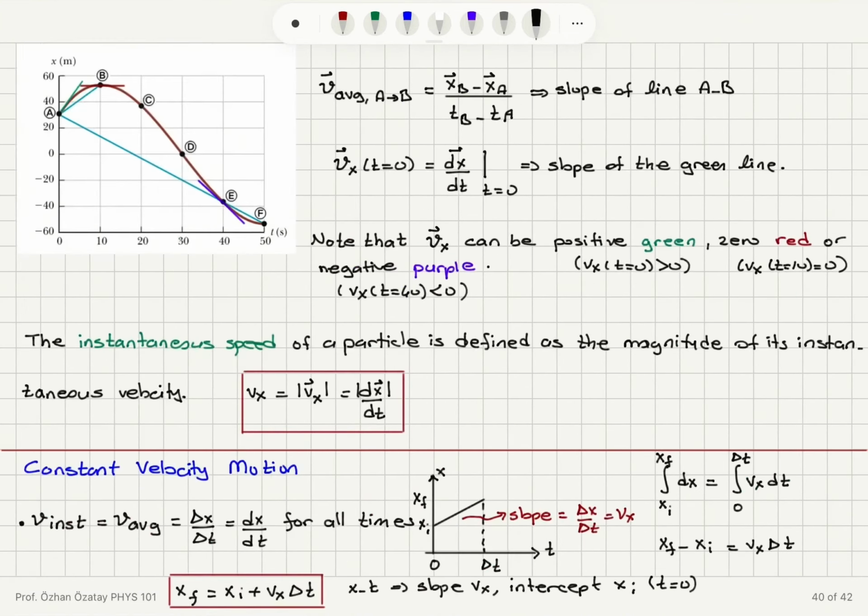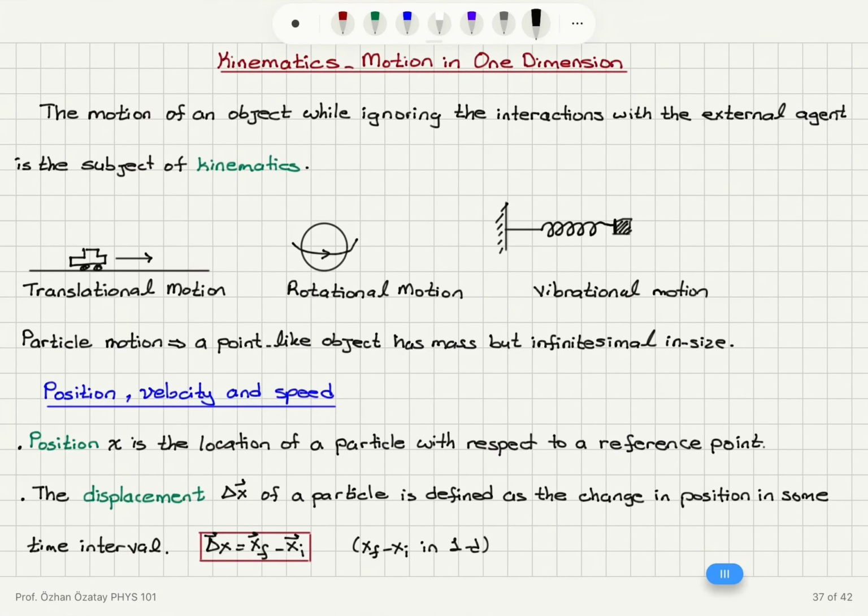Okay, so to summarize, we have introduced kinematics for the one-dimensional case, and here we're only studying the motion of an object with no reference to who is causing the motion. There's no mentioning of the external agent.